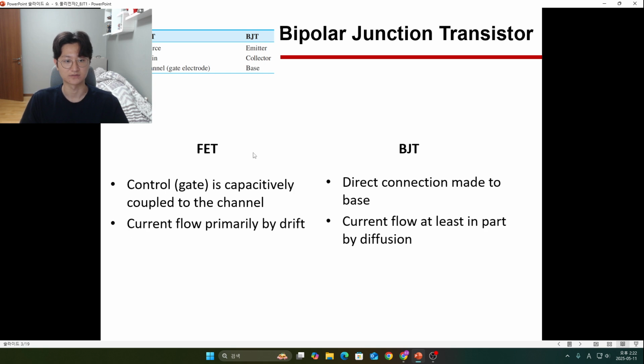The difference between FET and BJT is that FET uses drift current and BJT uses diffusion current.